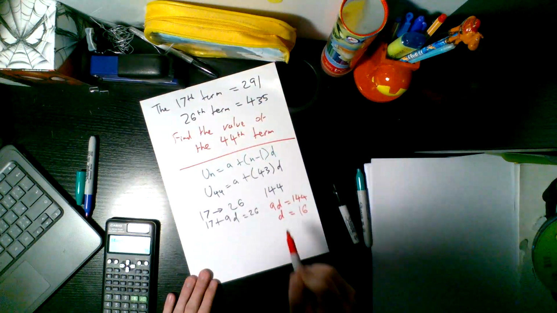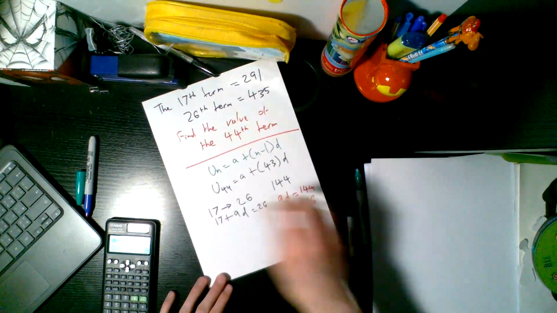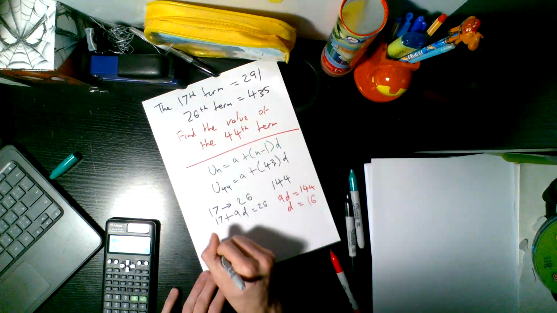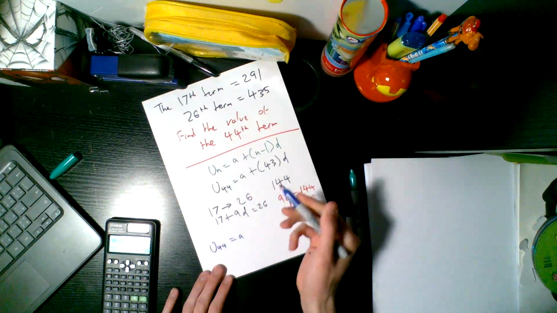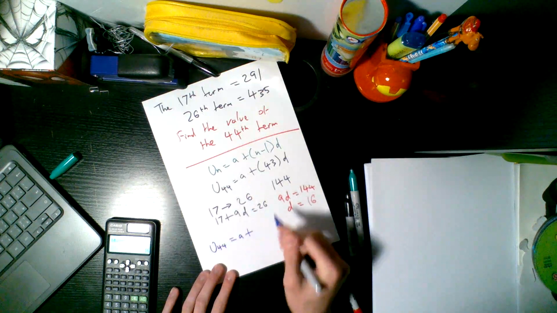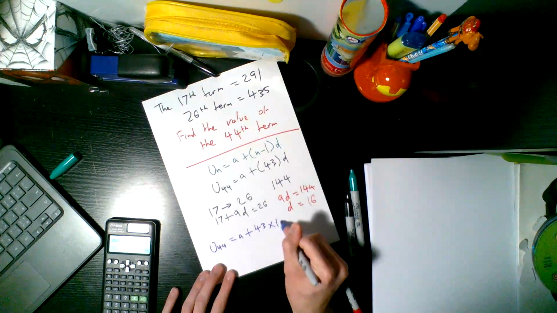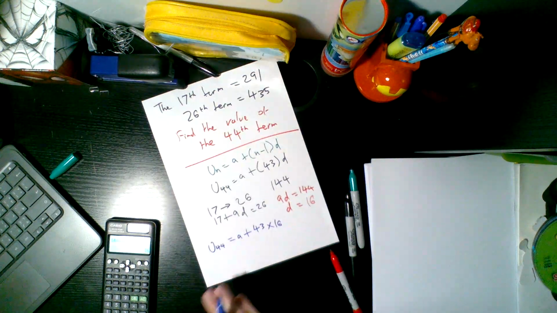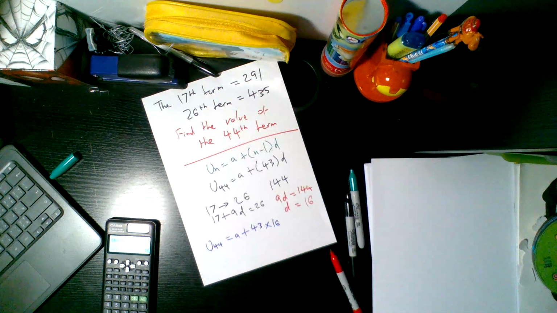We put the d back into the formula where we started. So now we have u44 equals a, we still don't know a, plus 43 times d, which we found out to be 16. So the 44th term is a plus 43 times 16.